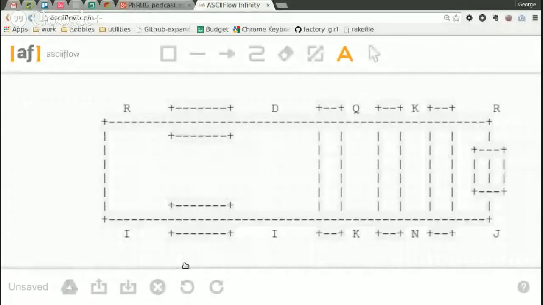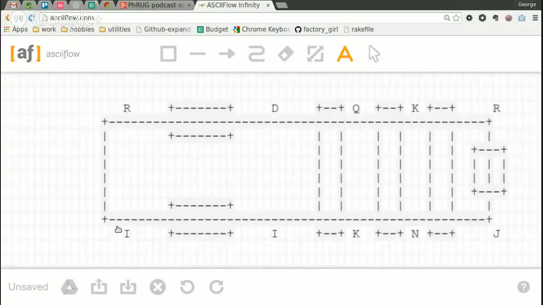Okay, let me share my screen first. So if you recall, this was how the Enigma machine processed a certain character and encrypted it to its equivalent character. When a user types I on the keyboard of the Enigma machine, the R character should light up.